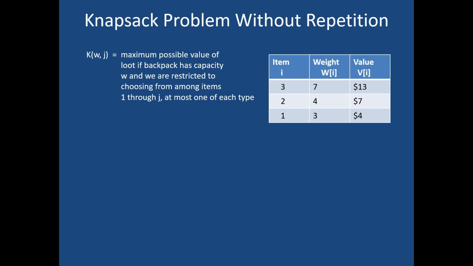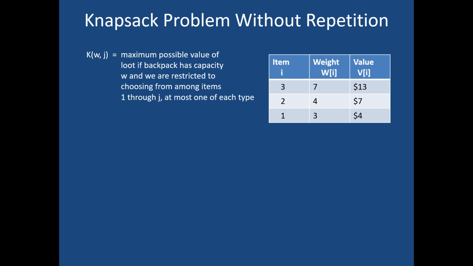And so here's the way we'll do it. We keep track of a set of what items we have chosen from. The first choice you're faced with is, should I take an item 3 or not? So you either take an item 3 or you don't. And then after that, you've got another choice to make. Do I take an item 2 or not? And then you choose, do I take an item 1 or not?